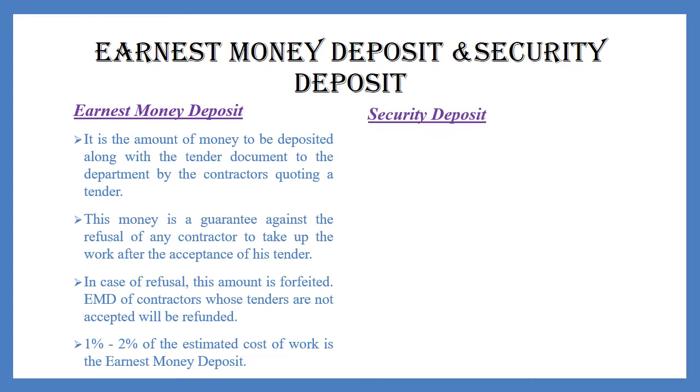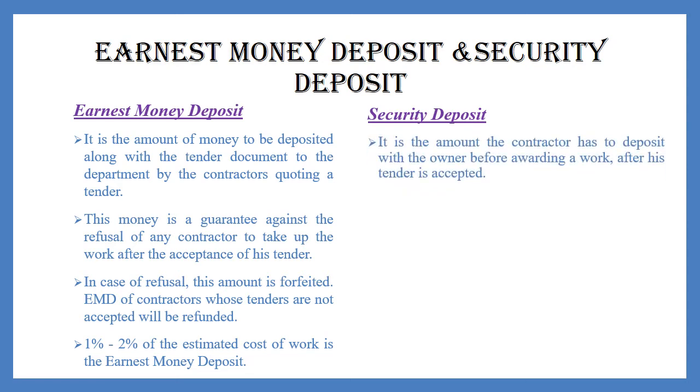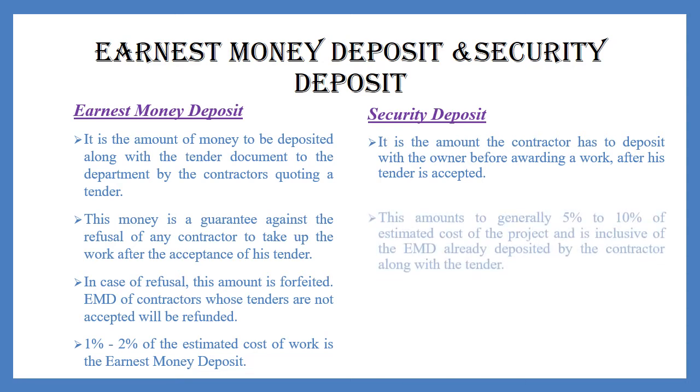Next, security deposit. The contractor has to fulfill all the terms and conditions in the contract and has to maintain the quality and speed of the construction. Security deposit is the amount of the contractor that has to deposit with the owner before awarding a work after his tender is accepted.